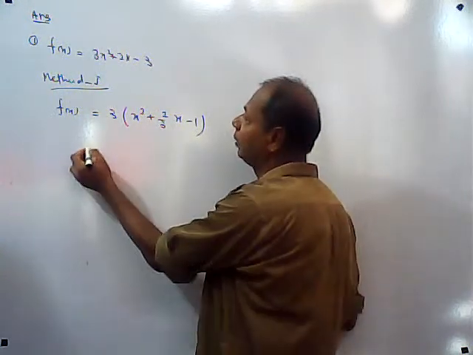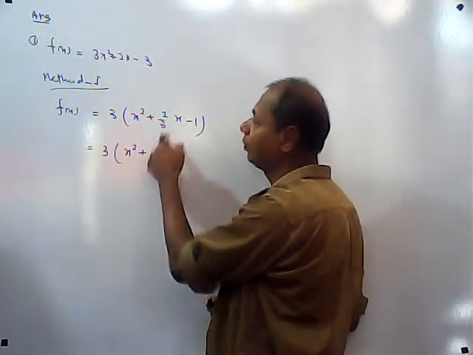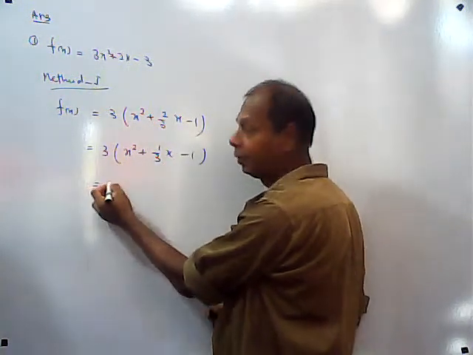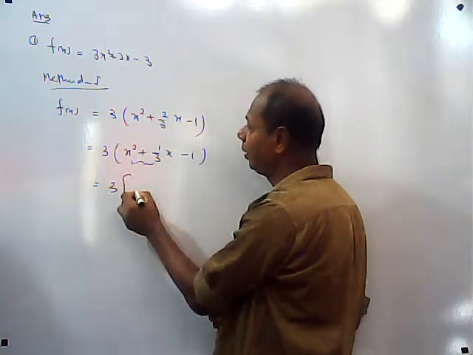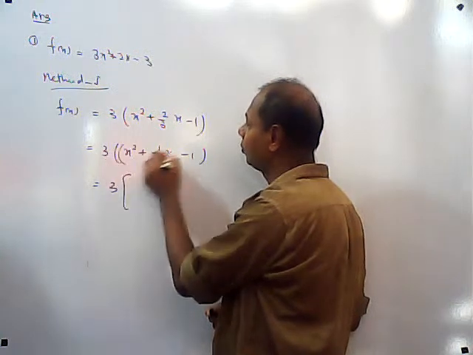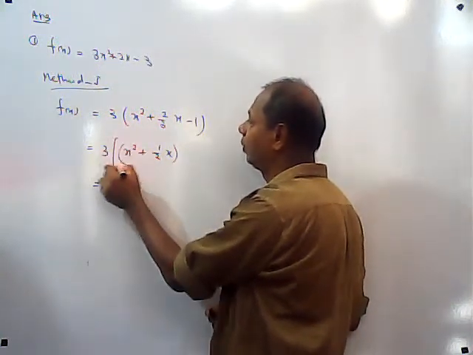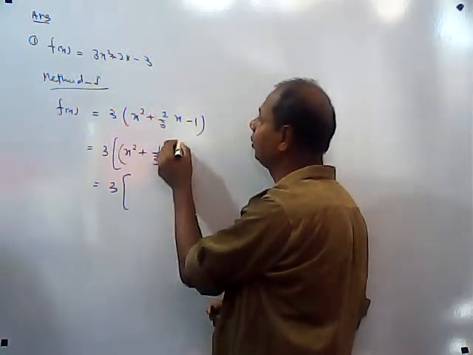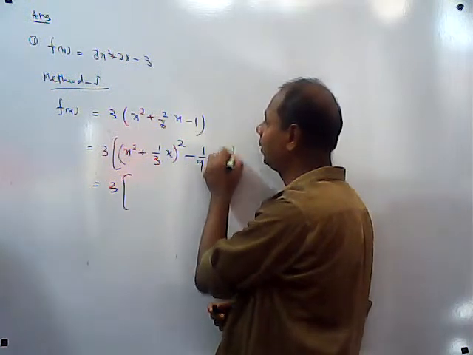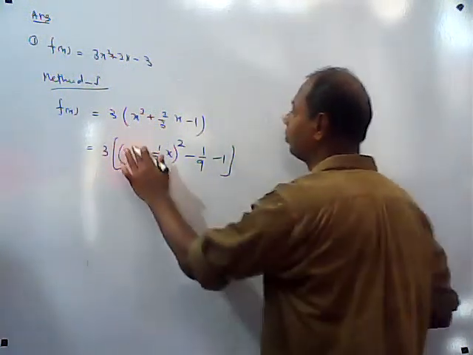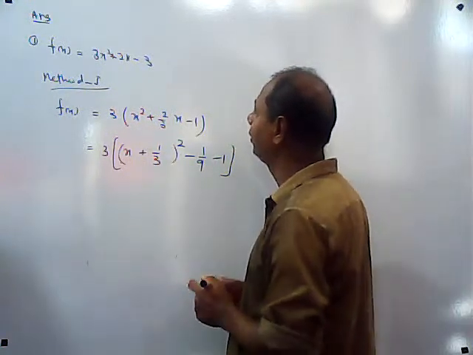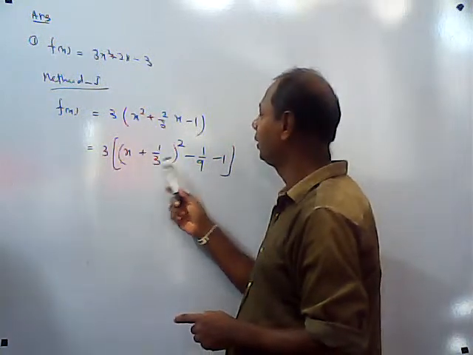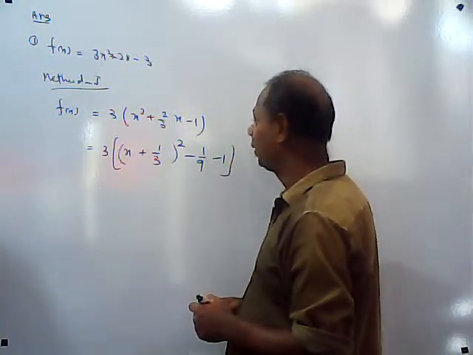Then completing the square: x squared plus half of this, that will be 1 over 3 x, so x plus 1 over 3, squared, minus 1 over 9, minus 13 over 3.